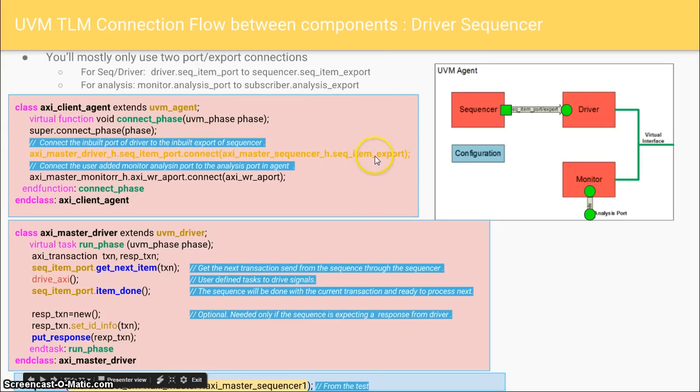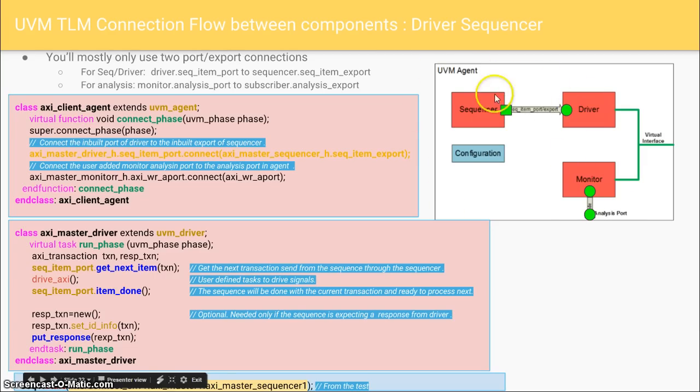seq_item_export is a built-in export implementation in the UVM sequencer, and seq_item_port is the built-in port in the UVM driver. So you can just connect the seq_item_port to the seq_item_export in the upper class where both the sequencer and driver handles are present, which is nothing but the UVM agent.